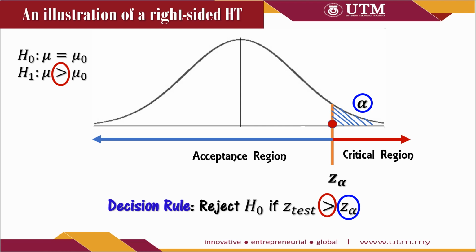However, if z-test falls in the acceptance region, that is, if z-test is smaller than z-alpha, we can decide not to reject H0, or we fail to reject H0 and conclude that we do not have sufficient evidence from the sample data that mu is greater than mu0.